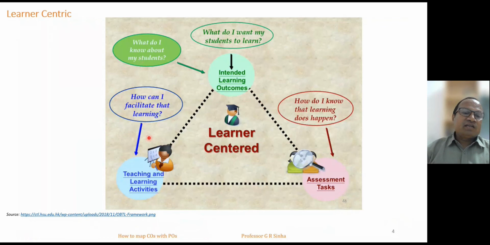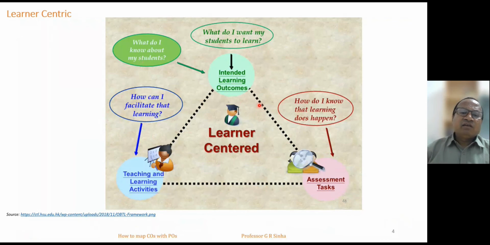How can I facilitate that learning, how can I facilitate that much learning which can create this kind of learning outcome in the students, that is reflected by the teaching-learning pedagogies, a number of activities, teaching-learning practices, teaching-learning processes which are involved. And assessment tasks, assessment tools, assessment practices, the rubrics which are used to assess the course conduction, course success, and the evaluation of a student also plays an important role.